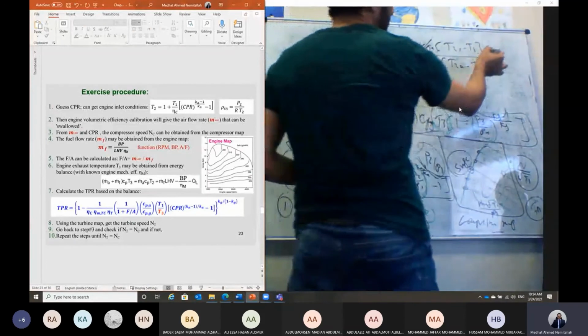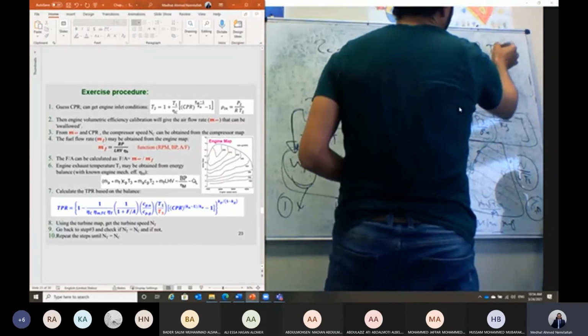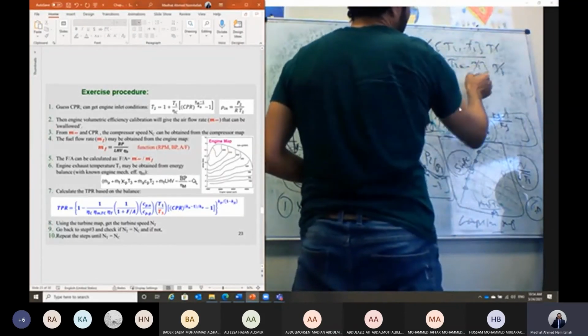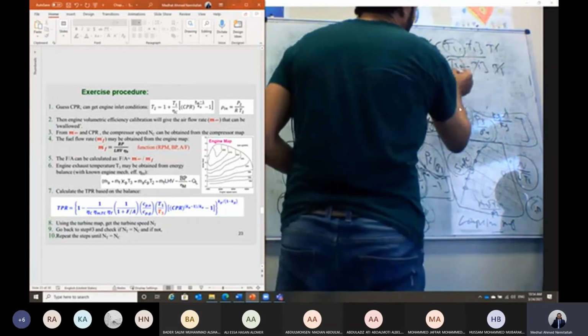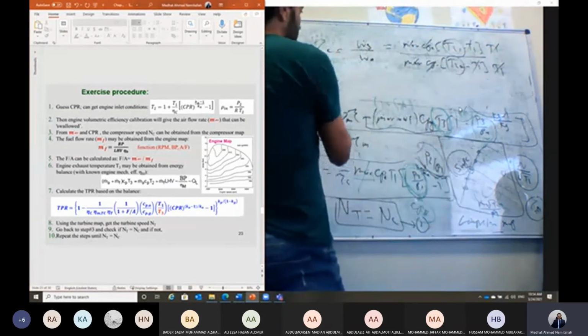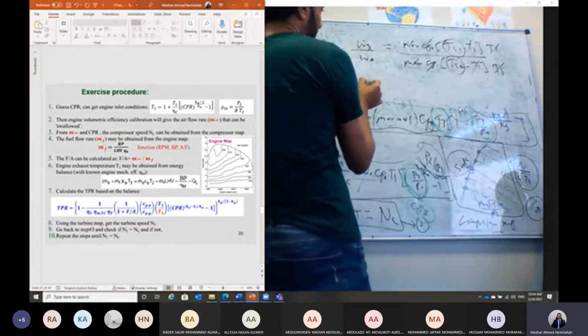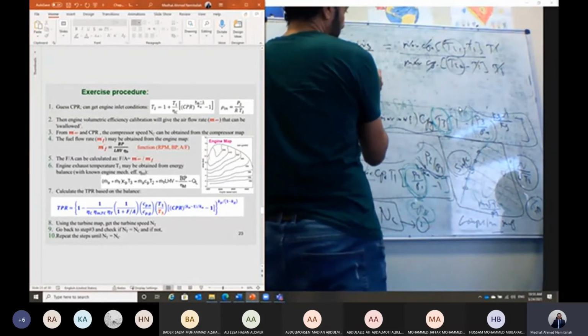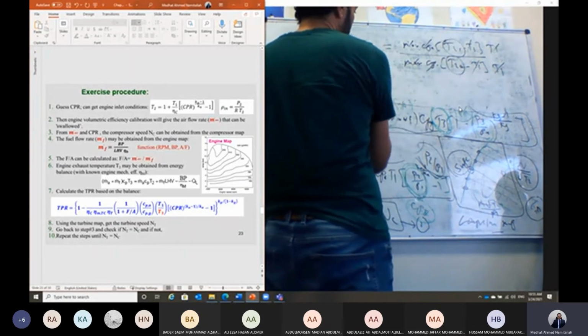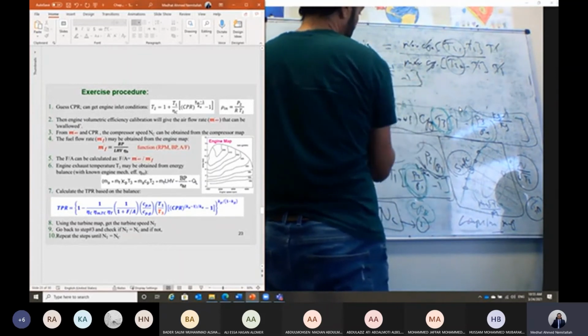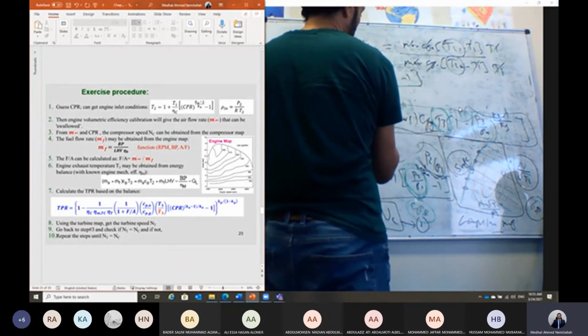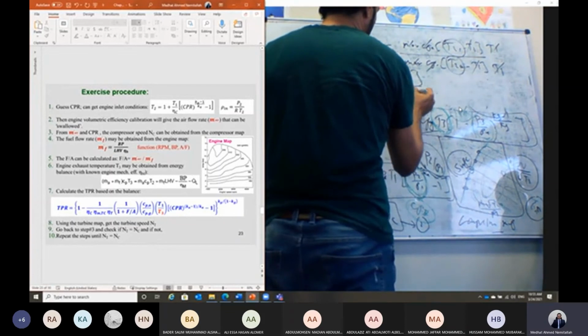If we take T1 as common from up and down, T1 will go and we'll have 1. It will be T2s over T1 and T2 actual over T1. So the efficiency of the compressor will equal ((T2s over T1, which is the compressor pressure ratio to the power (K minus 1) over K) minus 1) divided by ((T2 over T1) minus 1).